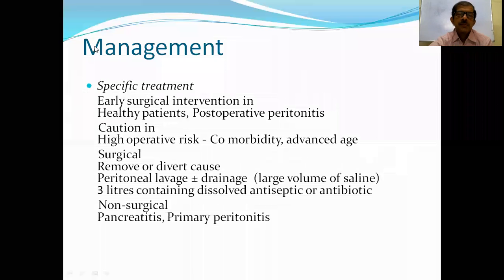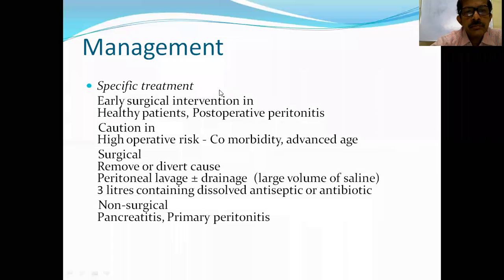Then what is the specific treatment? Specific means, for most of the causes of peritonitis, already I told you half of them are due to perforation. So you have to intervene early, particularly in healthy patients, and also in those with post-operative causes. Immediately you have to open.